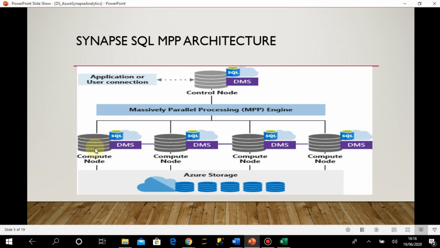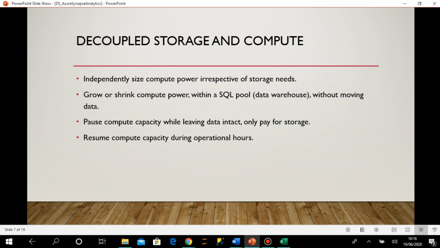And these compute nodes take the signal from the MPP engine that they have to do the processing, and then based on the work they have, they take the data from the storage and do the processing, and once done they give it back to the MPP engine. So that much we have already discussed.